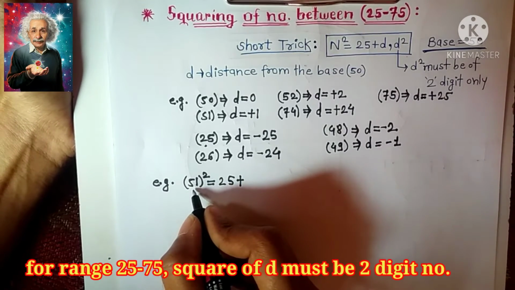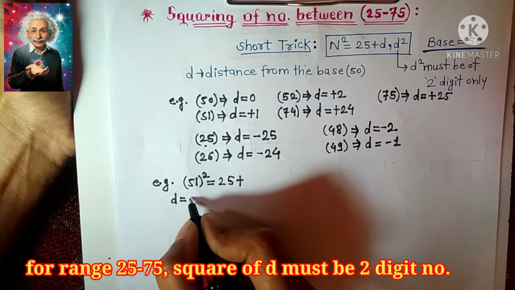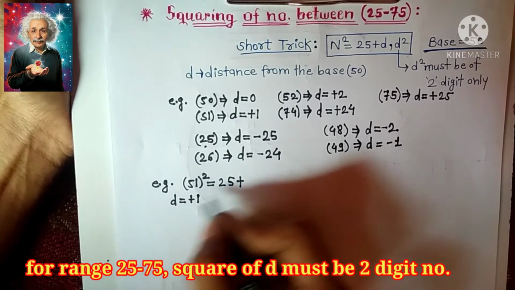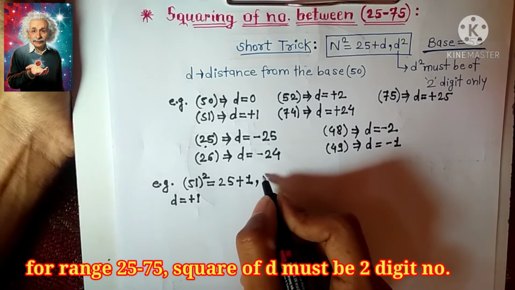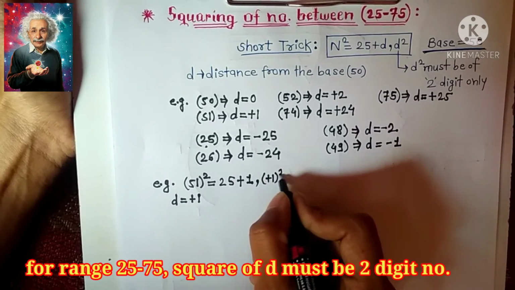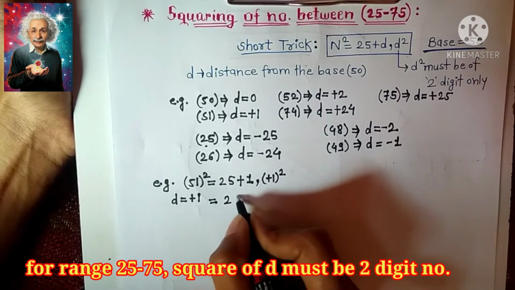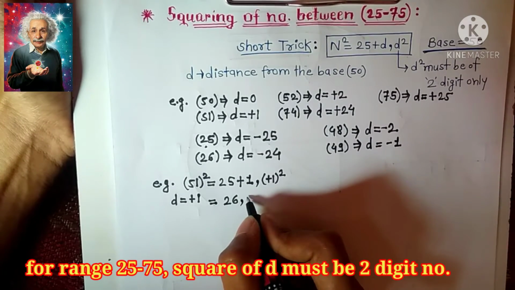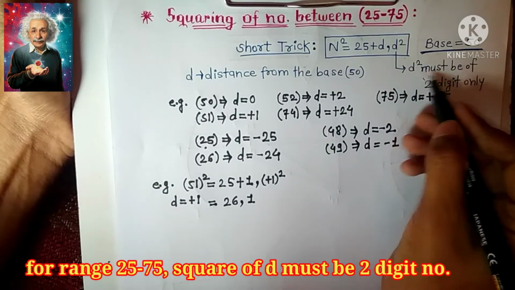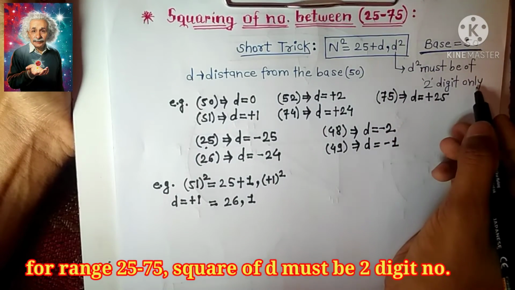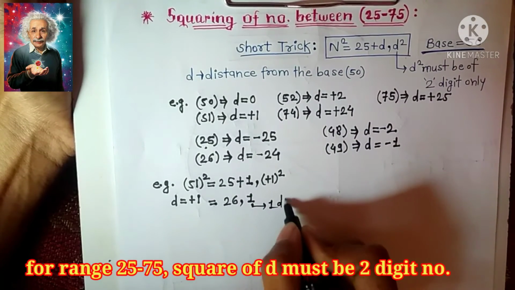The value of d for 51 is plus 1. So here we write 1 comma d square. D square means plus 1 whole square. Then we get 25 plus 1, 26 comma 1 square is 1. But we know that here d square must be of 2 digit only. Here is a 1 which is a 1 digit number.